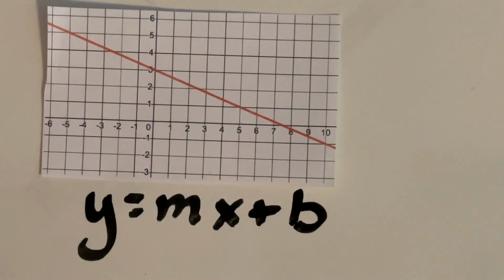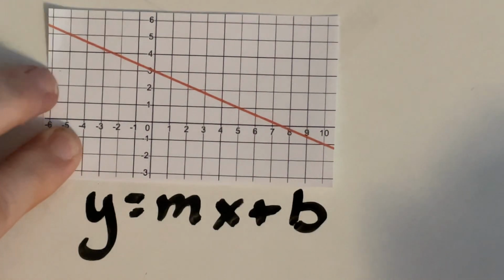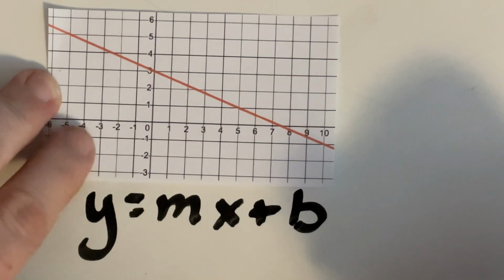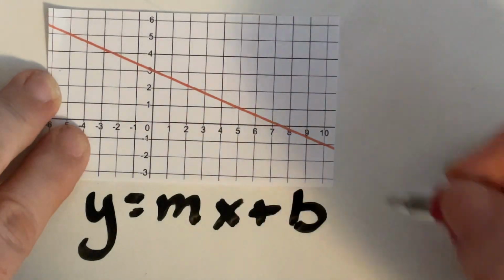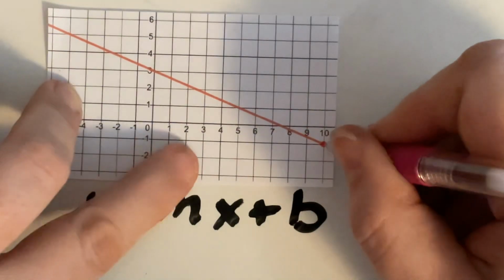All right, so this time, let's try something a little bit different when it comes to picking our points here. What I want to do is look for 1 point. Let's take this point. That's a nice clear point.